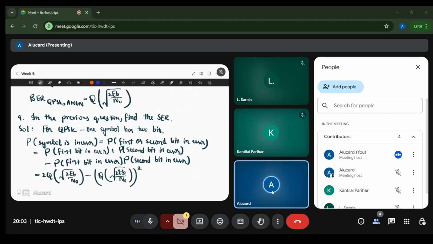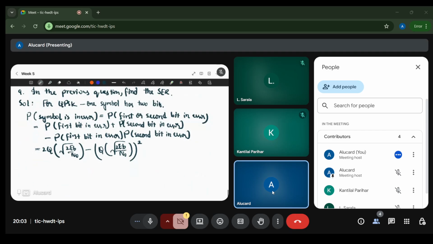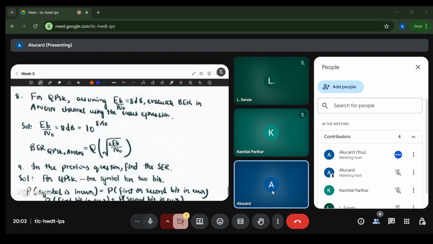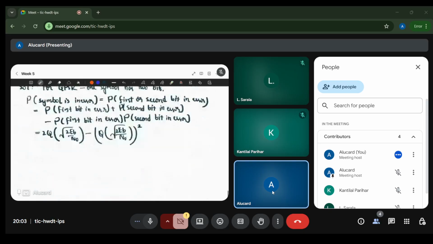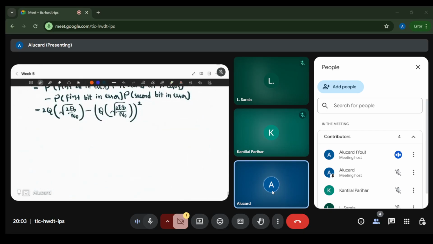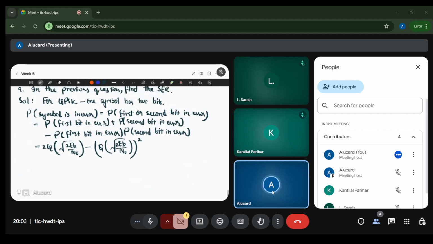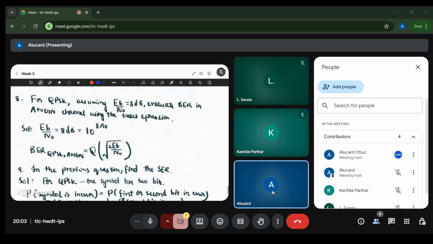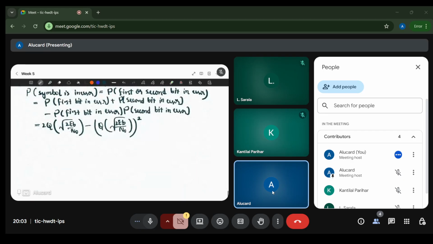So that will give you the symbol error rate for QPSK. So you know Q of square root of 2 EB by N naught from the previous question. You just have to plug in the values and you'll get the answer.